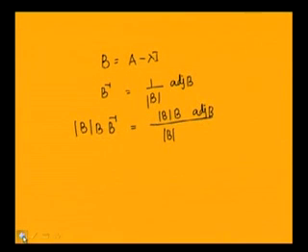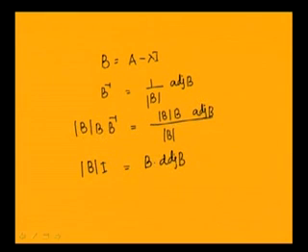So, B into I, so determinant B into I, this becomes B into adjoint B.